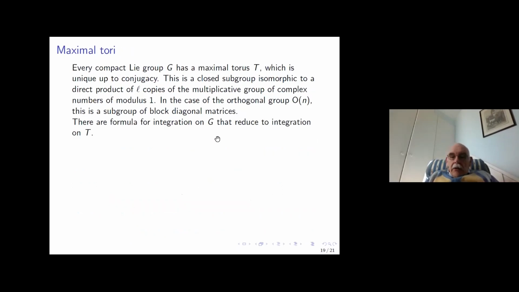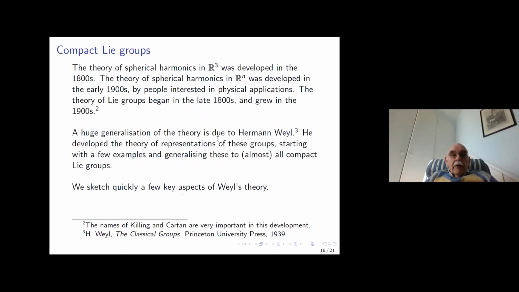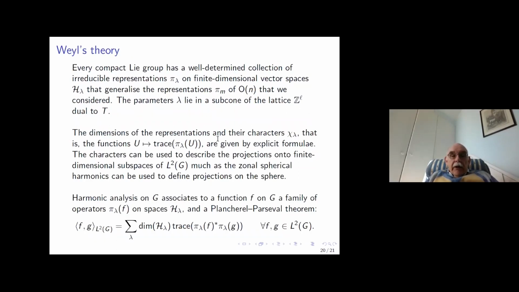The dimensions of the space of the representations and their characters can be given explicitly, and the characters can be used to describe the projections, much as we described the projection in the space of zonal spherical harmonics.